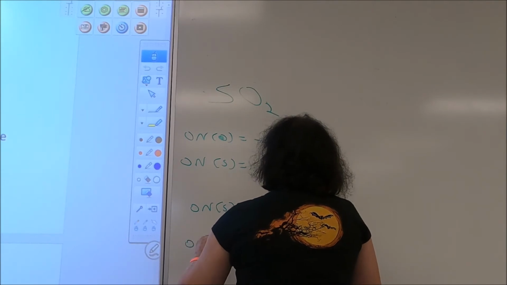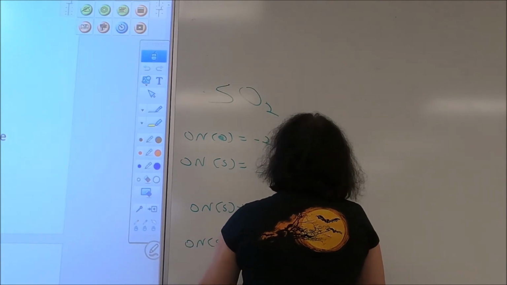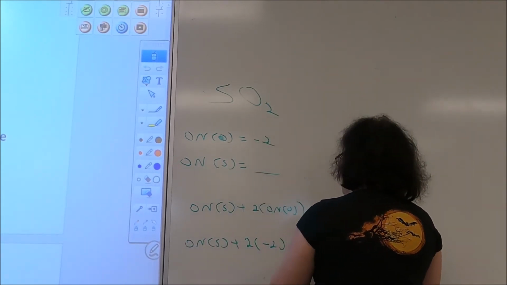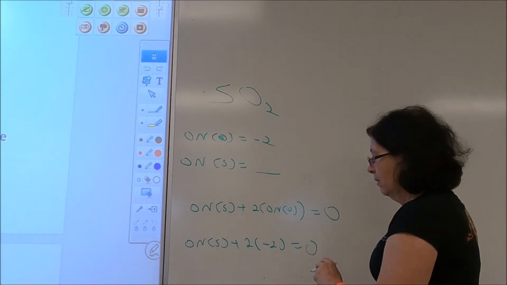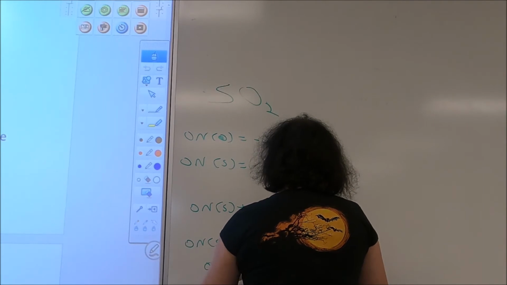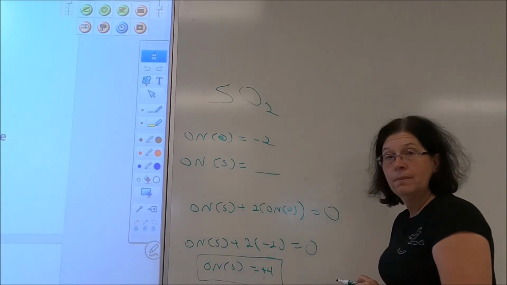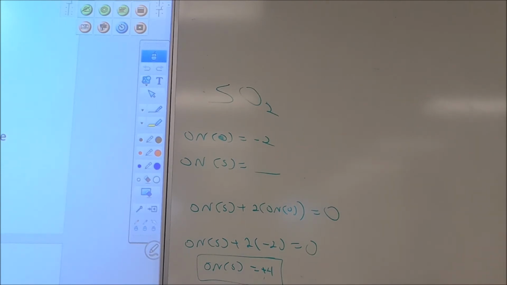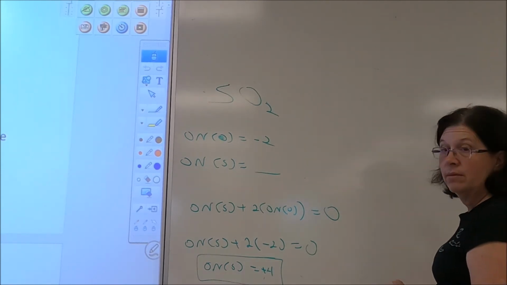So the oxidation number for sulfur plus 2 times a -2 has to be 0. So I can say here that the oxidation number for sulfur has to be +4. Okay, not bad.